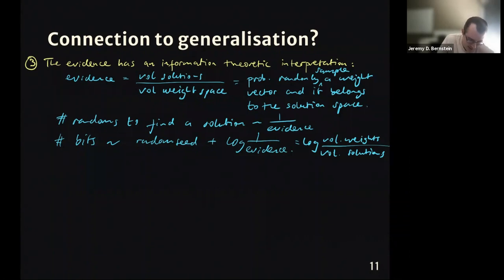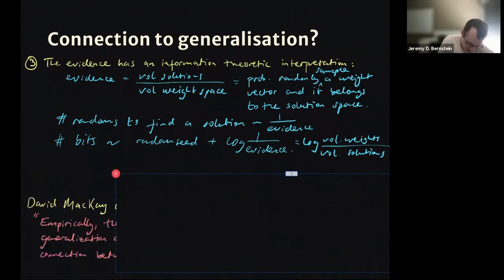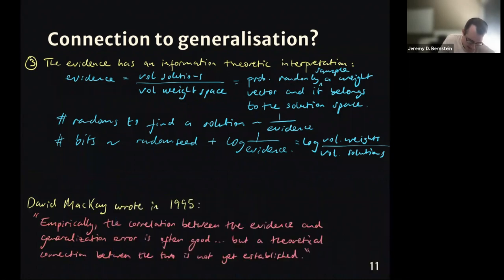People noticed this. There's this quote from David MacKay in 1995 where he says, empirically, the correlation between the evidence and generalization error is often good, but a theoretical connection between the two is not yet established. He was a really big proponent of this class of ideas, even though they hadn't proved everything yet.